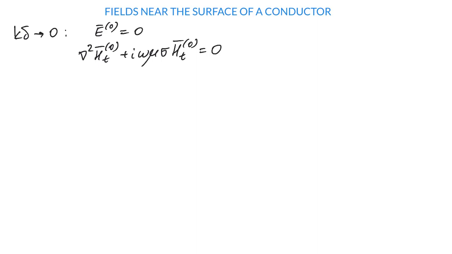Where the dominant derivative is normal to the surface, so I can just keep the z component of the Laplacian. That's the d² by dz².